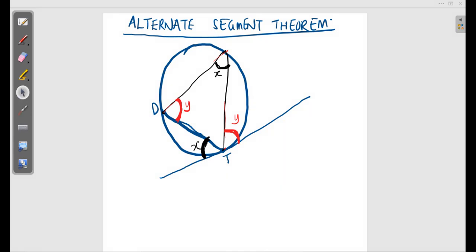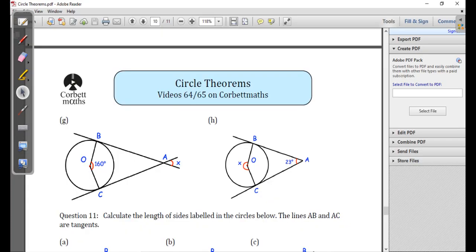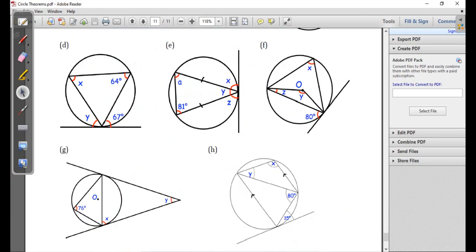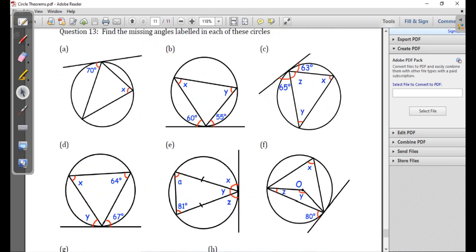We're going to pick a few questions and we will see the importance of the alternate segment theorem. I'm going to do about 3 questions. I hope I will be able to do them. Okay, I'll just pick those questions randomly.